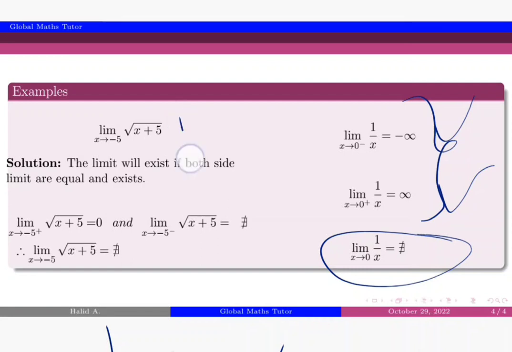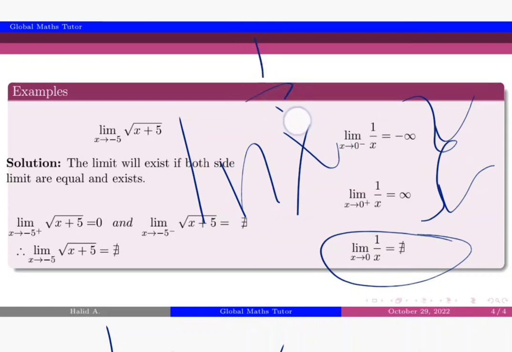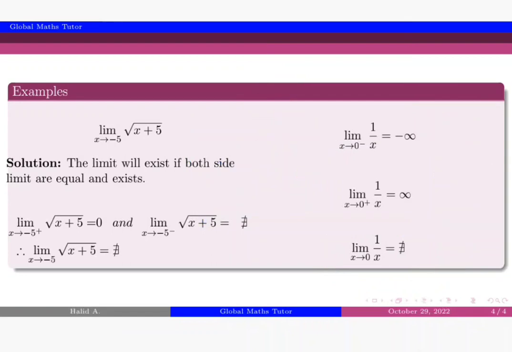So functions like ln x and 1 over x have no limit value as x approaches 0, but they may have right or left hand limits. Anyway, this is how to find the left and right hand limits of functions, and what we mean by one-sided limits.